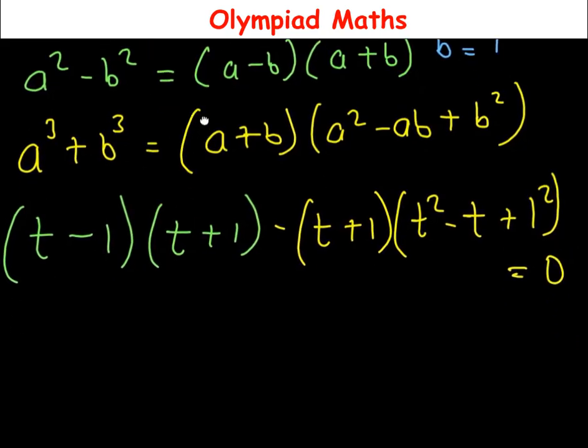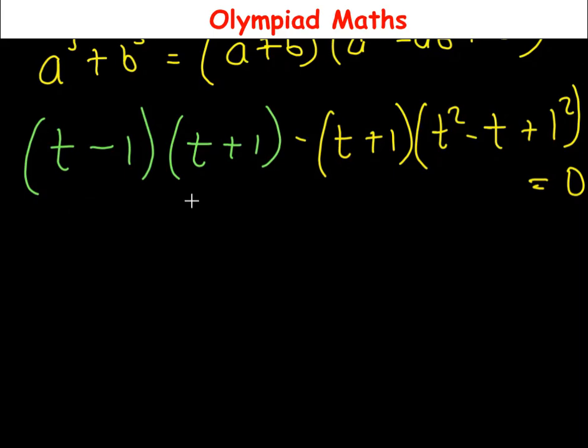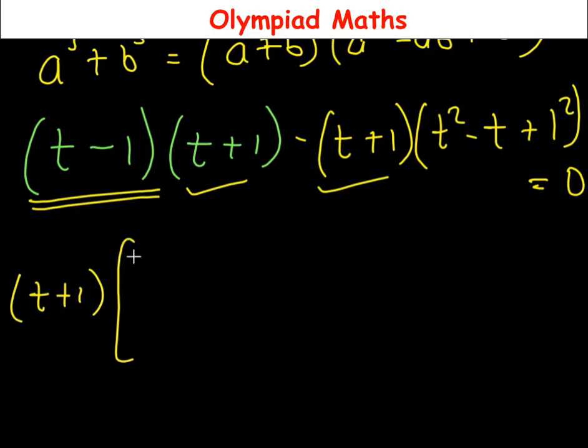So from here, what we have is a common factor which is t plus 1 and t plus 1. So factorize out t plus 1 in bracket. Okay, now if you divide t minus 1 multiplied by t plus 1 with t plus 1, what you will get is t minus 1. So we have t minus 1.